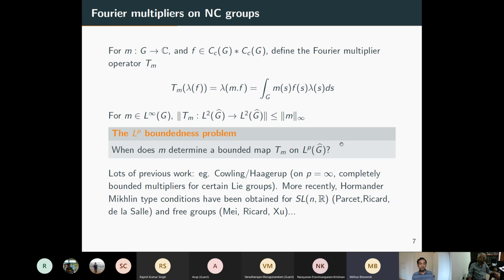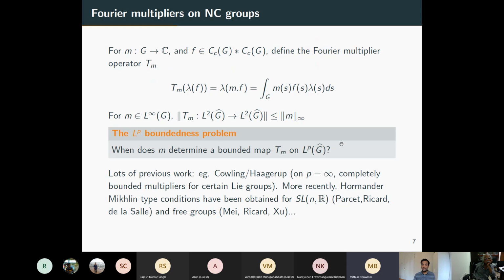And just as before, you can ask a more general question. That is, when does this function define a bounded map on LP of G hat? And there's been lots of previous work on these type of problems. The earliest is probably by Cowling and Haagerup.